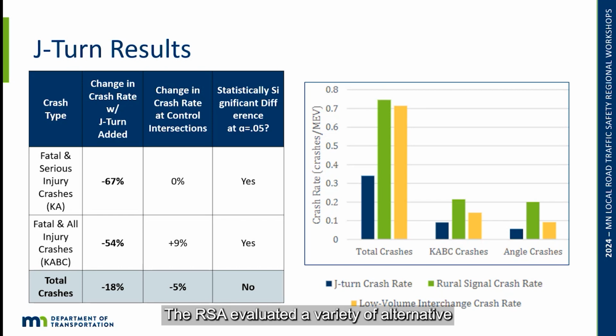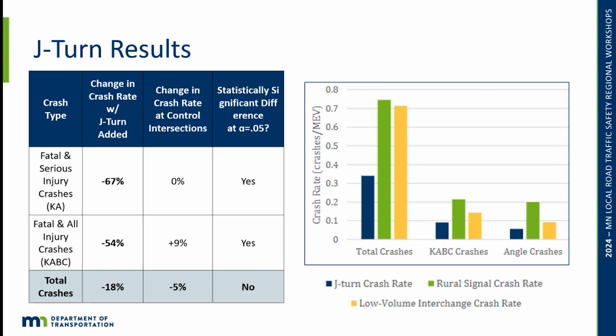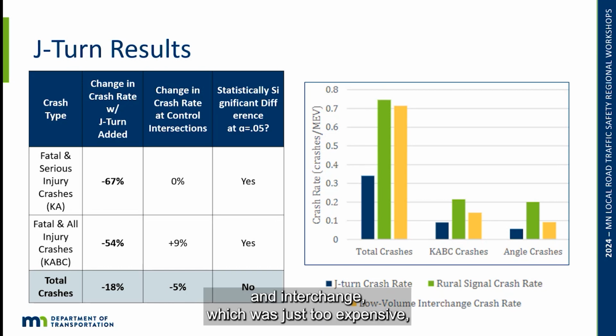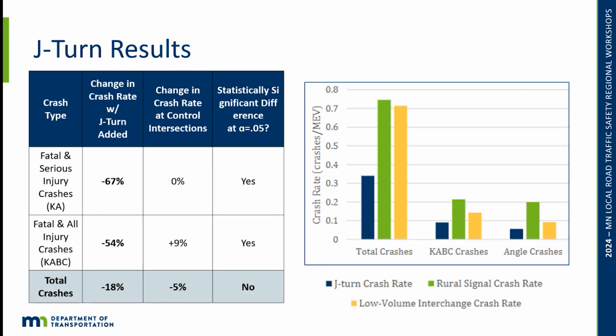The RSA evaluated a variety of alternative solutions, including a traffic signal, but concluded that it was unlikely to result in a crash reduction, an interchange, which was too expensive, and finally a J-turn, with support based on the recent success at Belle Plaine.